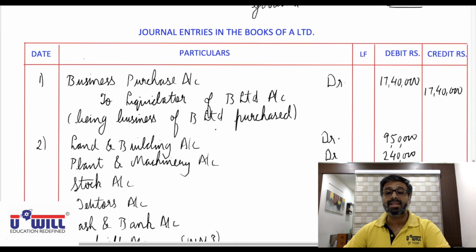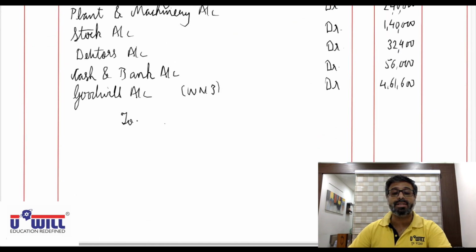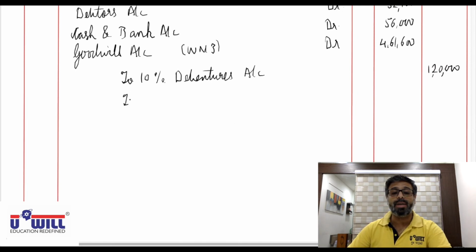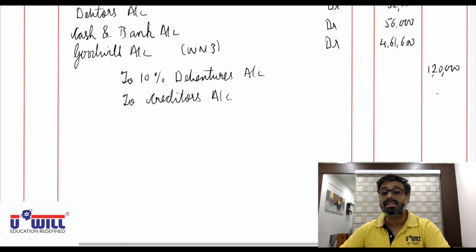Okay, and then two liabilities. So to 10% debentures 1,20,000, and then to creditors account 20,000. Two liabilities excluding reserves except statutory reserve.